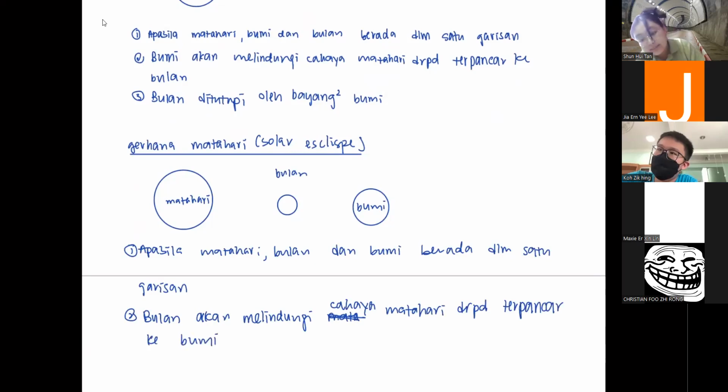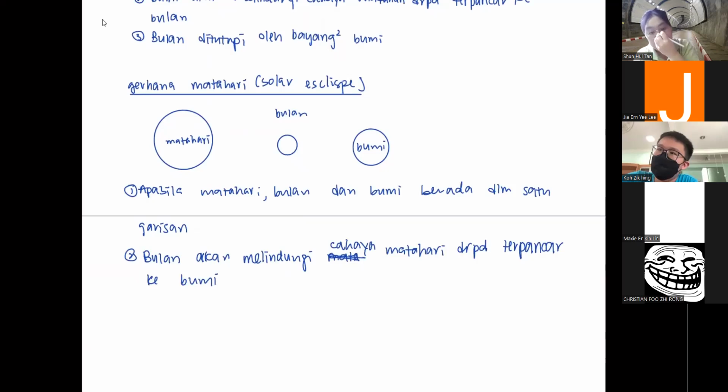Okay, but what happened? Moon is small, right? Moon is small enough. That's why it's not covering the whole Earth. Tetapi tidak meliputi seluruh bumi.